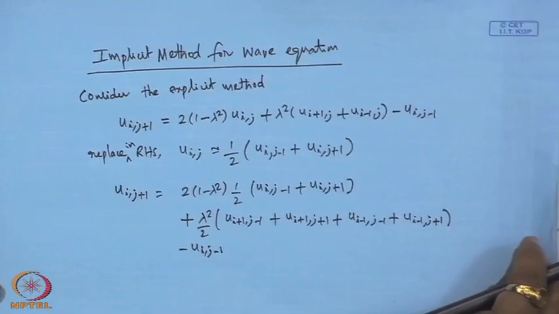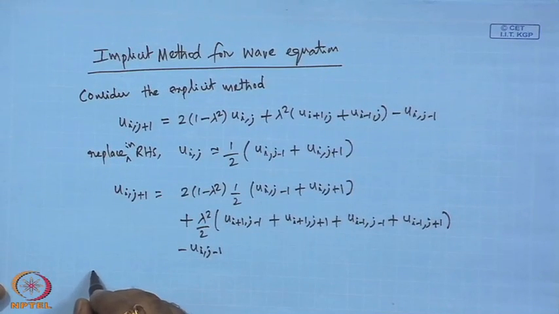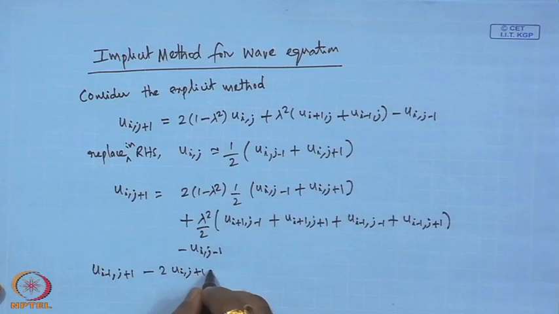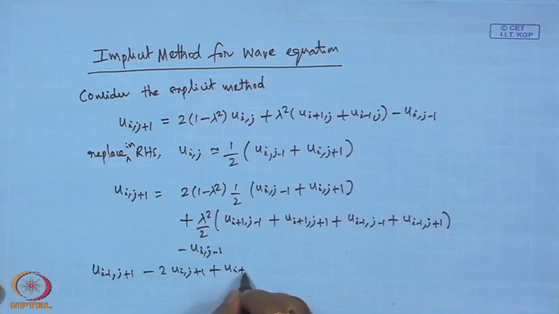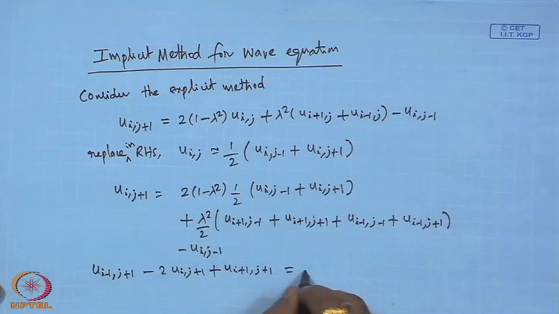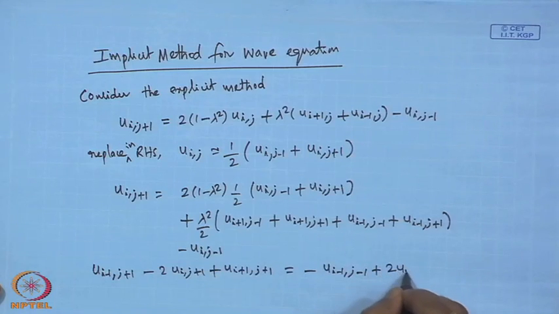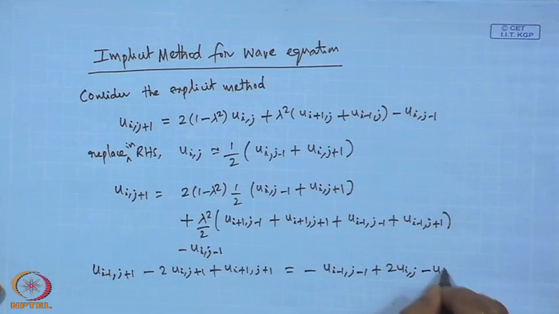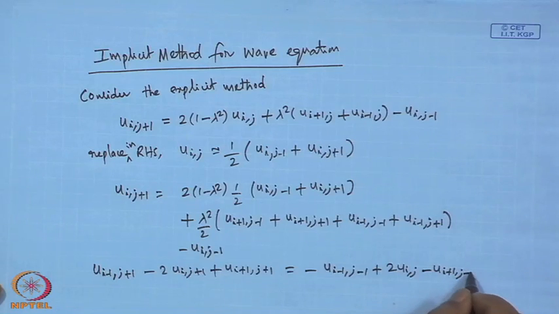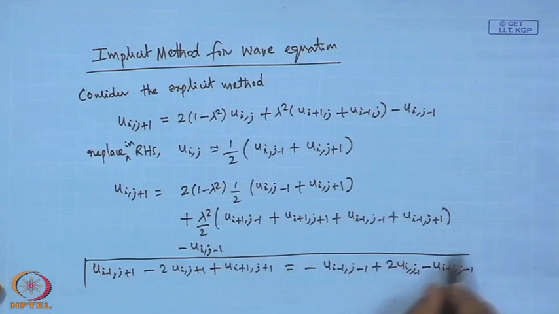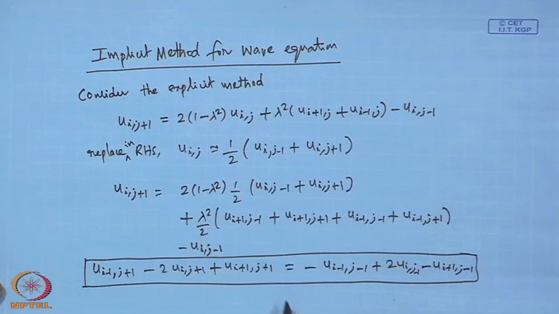Then after readjusting we get terms, this j minus 1 j minus 1. So, this is a kind of a specific method. Okay. You can adjust.